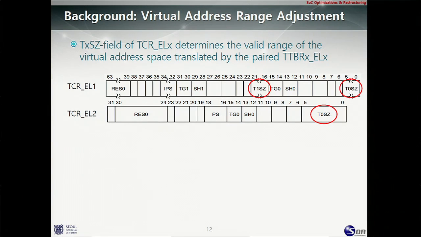As I explained before, TCR has various configuration fields for address translation. Among them, the TxSZ field relates to tuning the valid virtual address range. Recall that TCR is paired with TTBR, so TxSZ of each TCR controls the valid range of the virtual address space mapped by the paired TTBR.